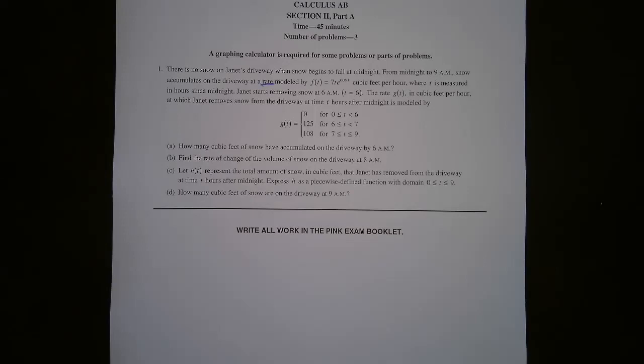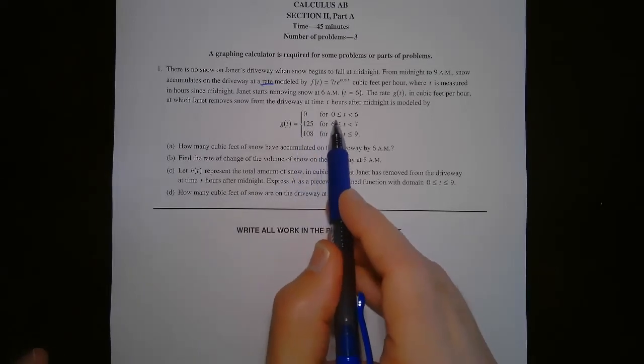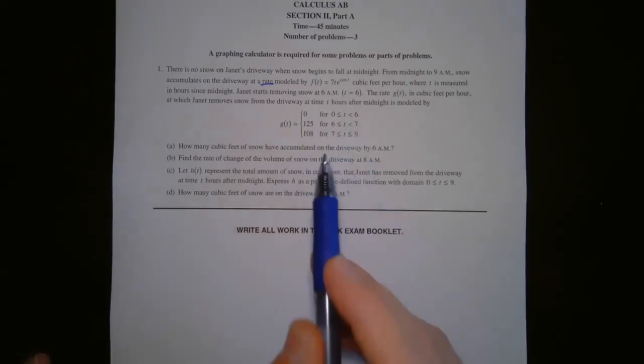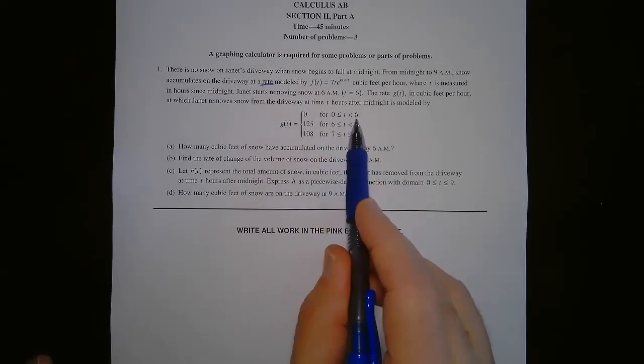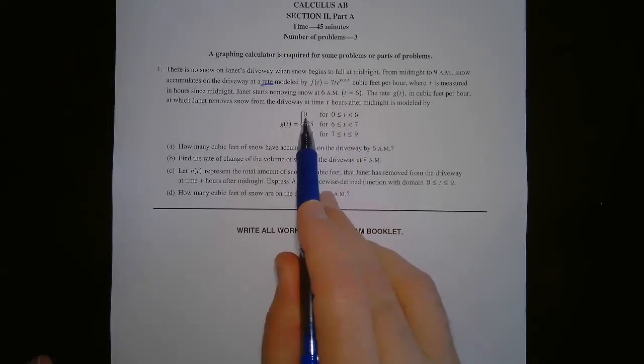The rate at which Janet removes snow from the driveway at time t hours after midnight is modeled by g of t, which is a piecewise function. It's 0 for 0 less than or equal to t less than 6. Why is that? Because that's from midnight to 6 a.m., and she didn't start until 6 a.m., so the rate at which she's removing snow is 0 at that time.